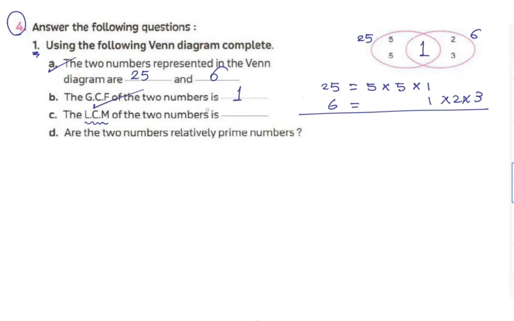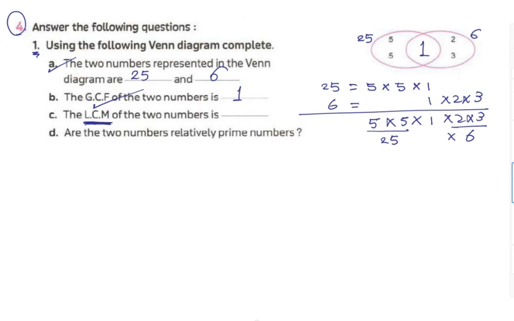To find the LCM, we take the common factor here and all of the other factors. 25 by 5 and 2 by 3. That means to multiply 25 by 6. Okay, to find the LCM.